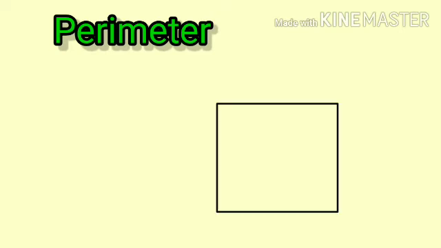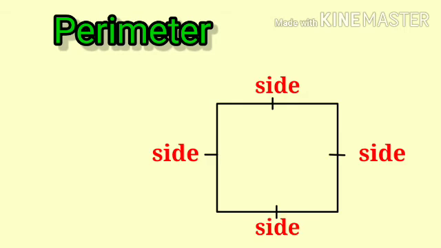Students, what do you see in this picture? Yes, it is a square. In a square, all the sides are equal. Let us find the perimeter of a square. To find the perimeter of a square, add all the sides of the square.